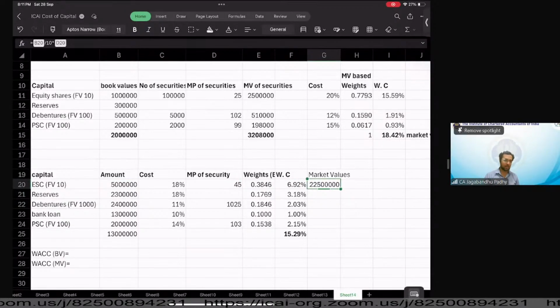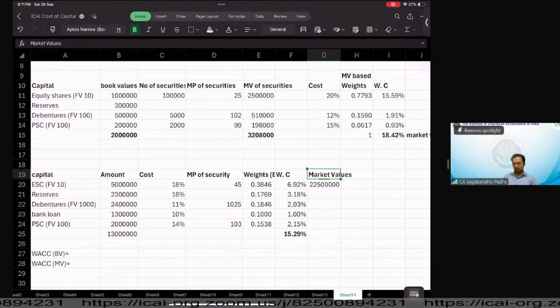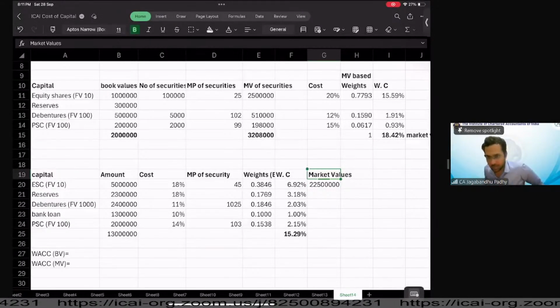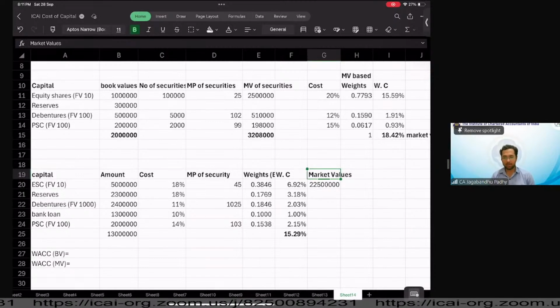So just check, is the market value of the shares 2 crore 25 lakh? Yes, guys, correct. Market value of shares 2 crore 25 lakhs.